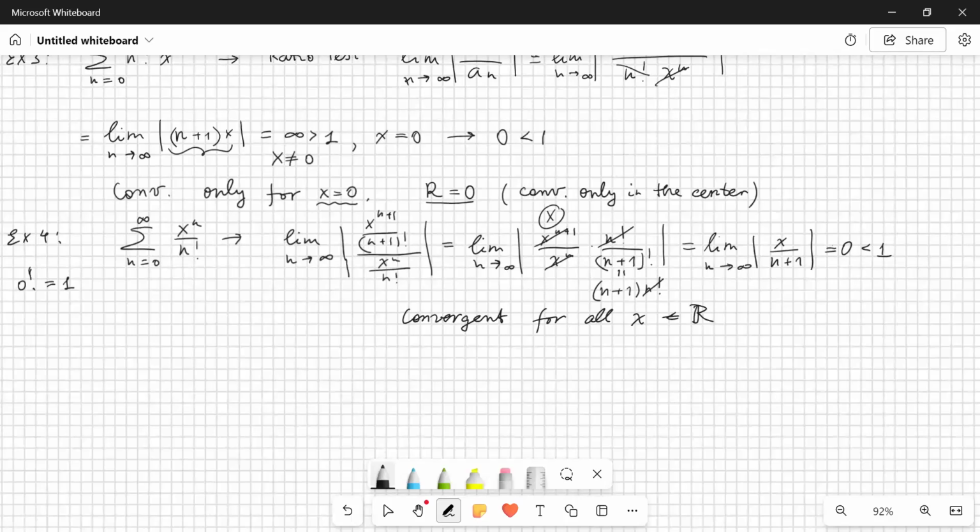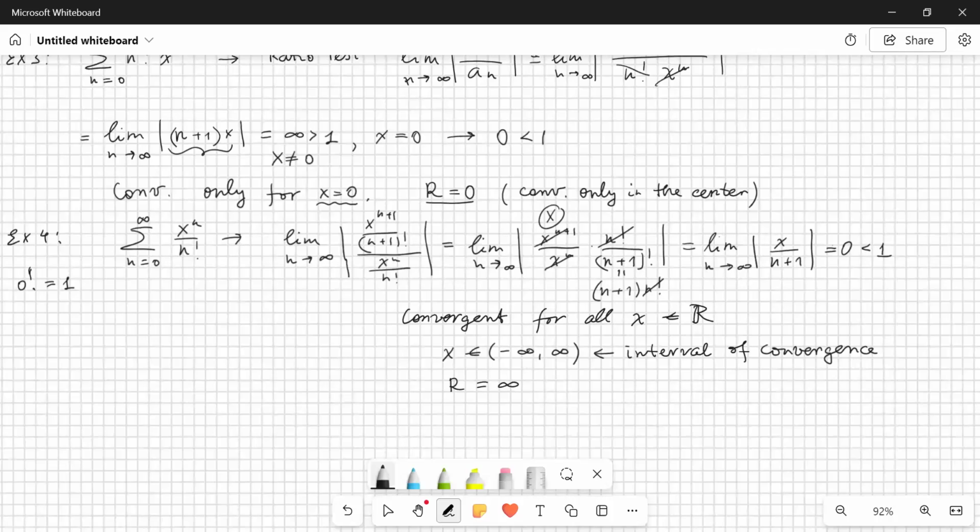We're going to say in this case that x belongs to the interval of convergence. That's going to be the whole number line, right? The radius is going to be infinity, just because if you find the center of this interval, it goes to infinity in both directions, right?